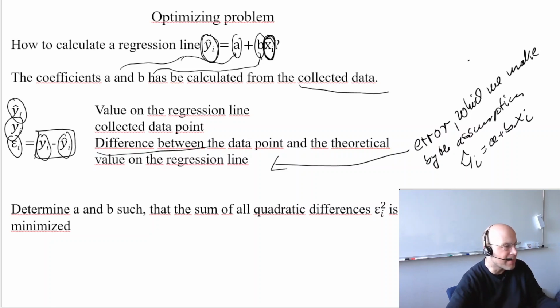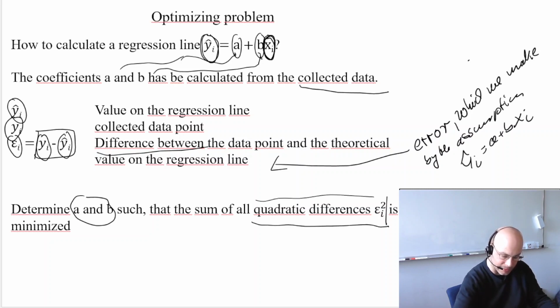So maybe not that surprising is that we want to determine a and b in such a way that the quadratic differences, so epsilon squared, will be minimized.